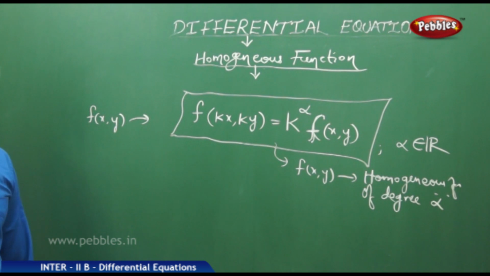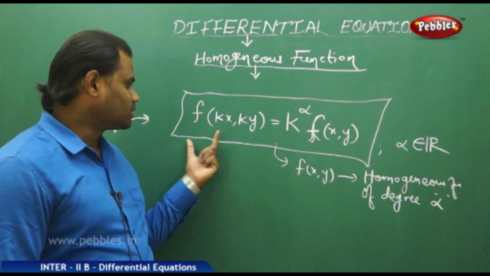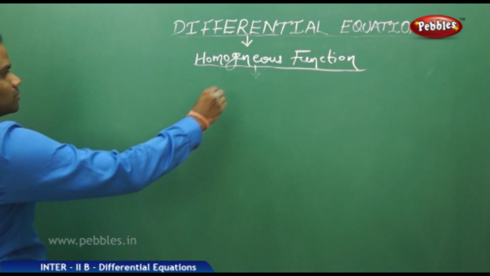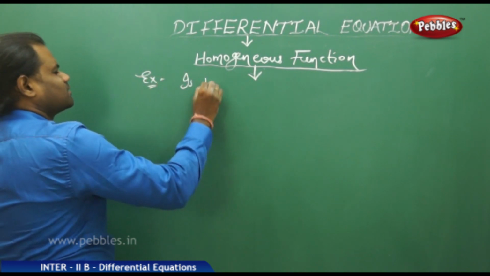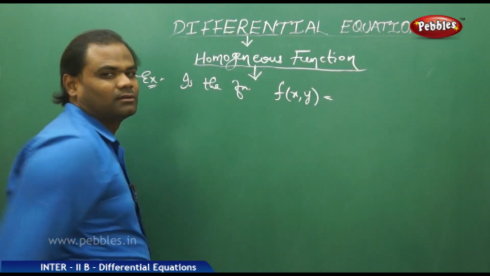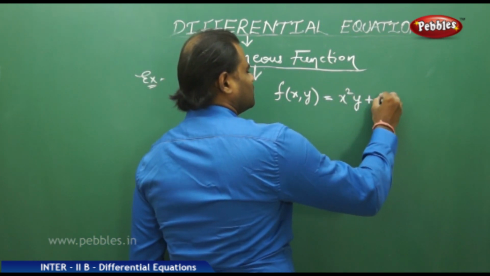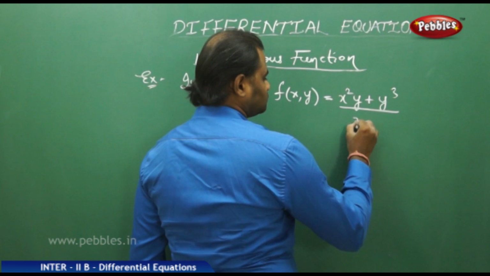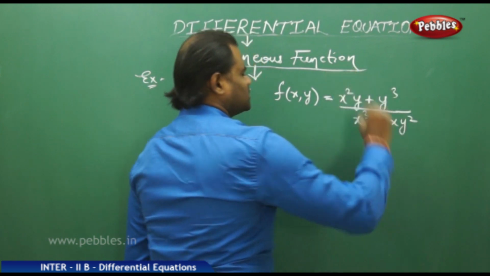So let's identify some functions to be homogeneous or non-homogeneous as related problems using the definition of testing for homogeneity. Now let's try this problem, where the question says: is the function f of xy equals x square y plus y cube by x cube minus 3xy square homogeneous?